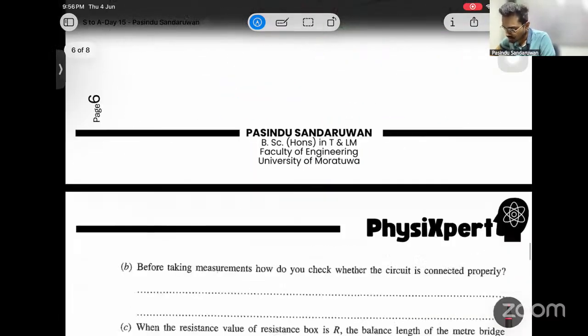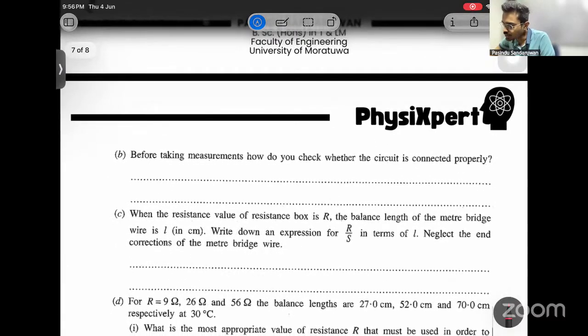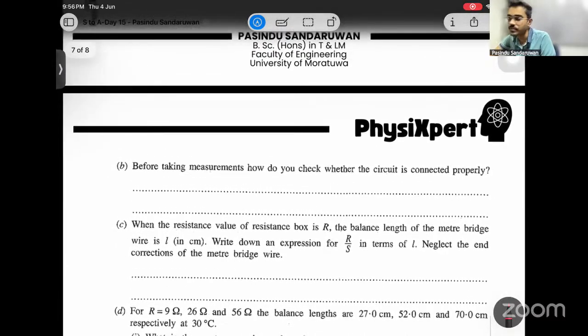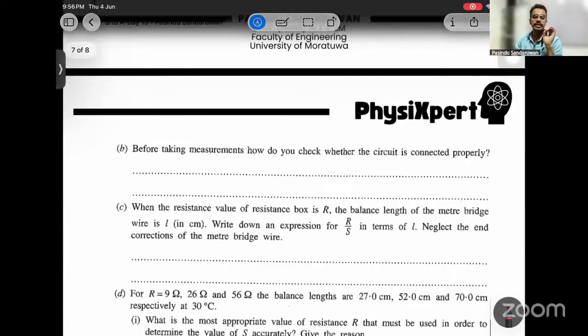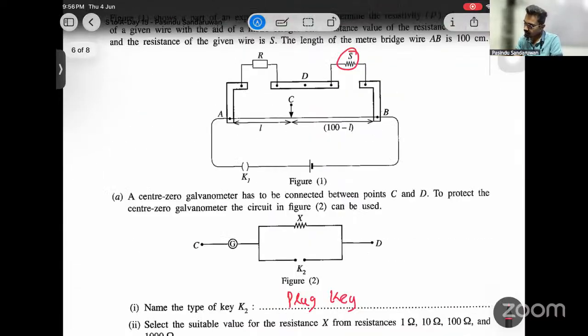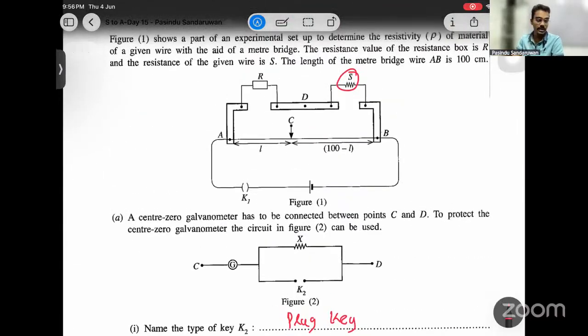Next. Before taking measurements, how do you check whether the circuit is connected properly? We do the same thing in both potentiometer and meter bridge. First of all, you have to keep the slider key at A and B. A and B are standard labels: A means the positive terminal of the meter bridge wire, B the negative terminal.